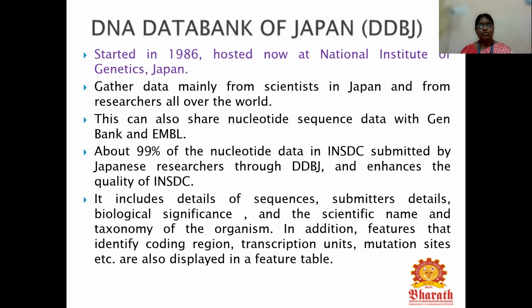Then we submit details like the sequences, submitter details, biological significance, and the scientific name and taxonomy of the organism. In addition, features that identify coding regions, transcription units, mutation sites, etc. are also displayed in the feature table.